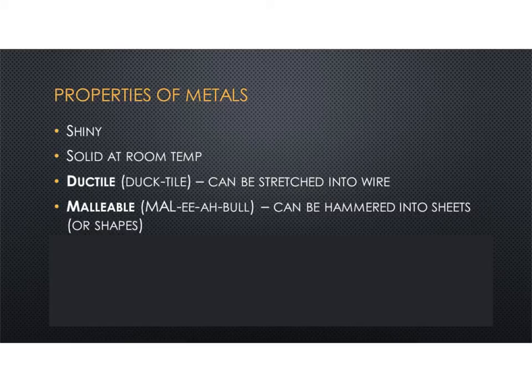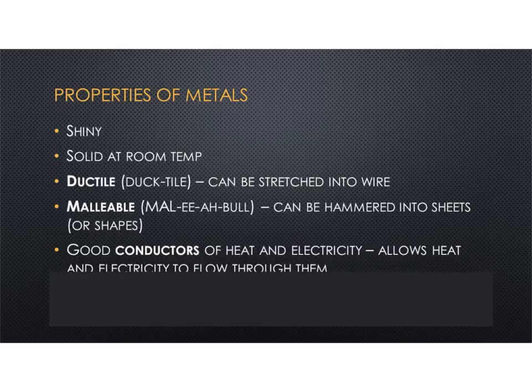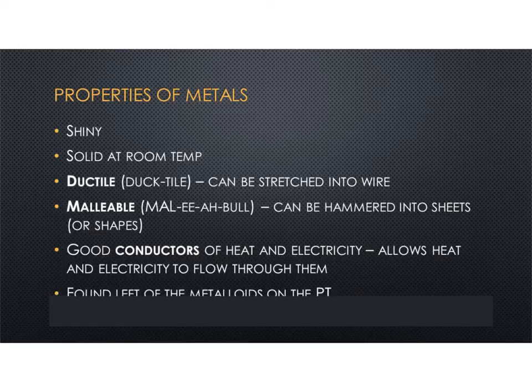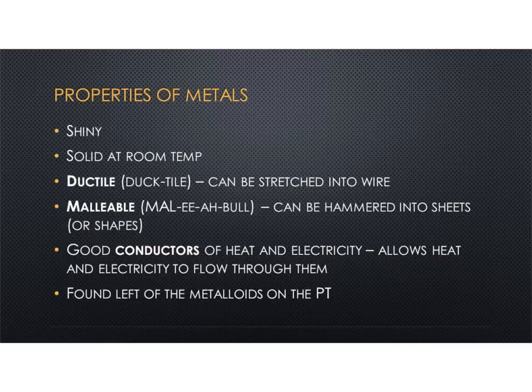They are malleable, which means they can be hammered into sheets, or more commonly nowadays, they can be bent into shape or hammered into shapes. They are good conductors of heat and electricity, which means a conductor allows heat and electricity to flow through it, as opposed to an insulator, which does not. And the majority of metals, if you look at the stair step on the periodic table, are found to the left of the metalloids on the periodic table.